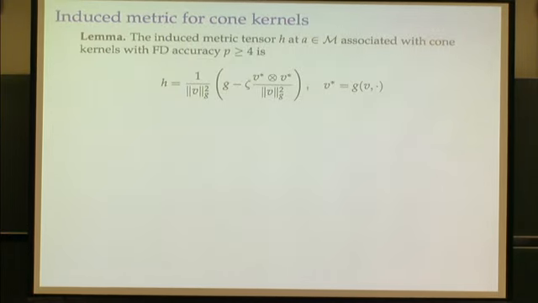So this is the formula for the metric. One can check that if the finite difference approximation is of sufficiently high order, we are creating a metric on the data which differs from G in two ways.